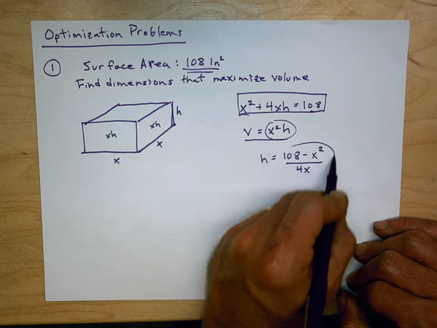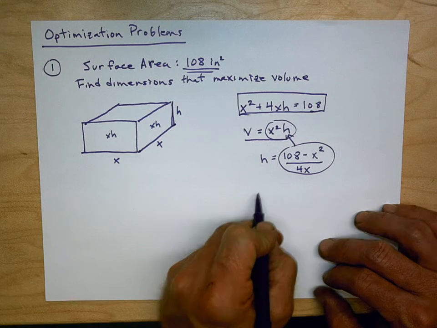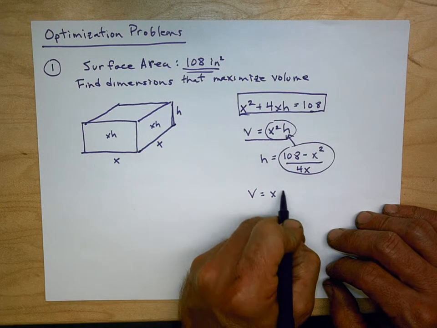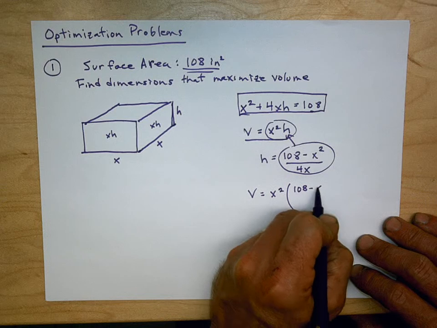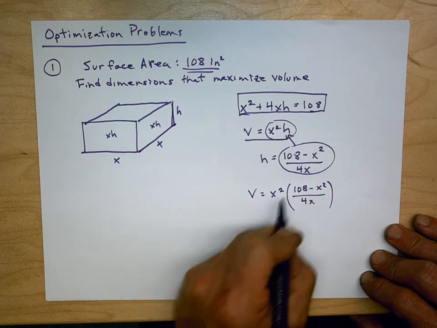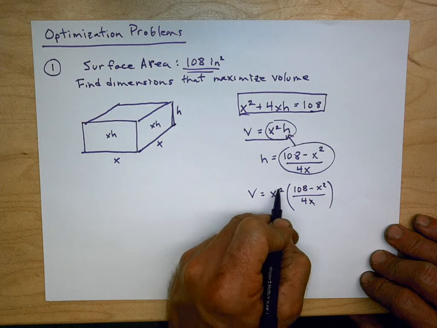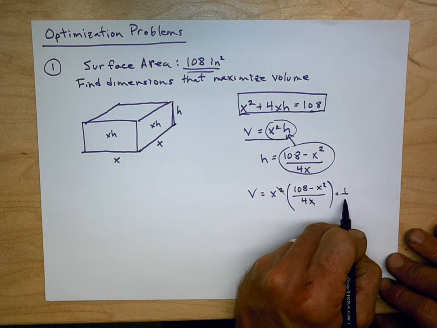I can take that and put it in for h, so that my volume now is x squared times (108 minus x squared) over 4x. Then I can cancel one of these x's with one of those and multiply. I'm just going to leave this 1/4 out front.